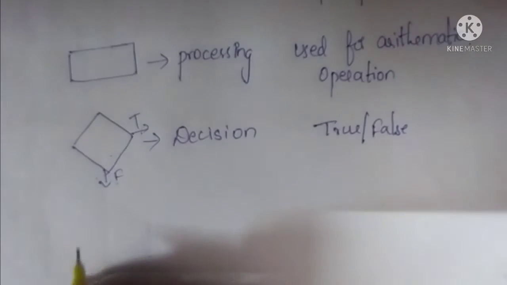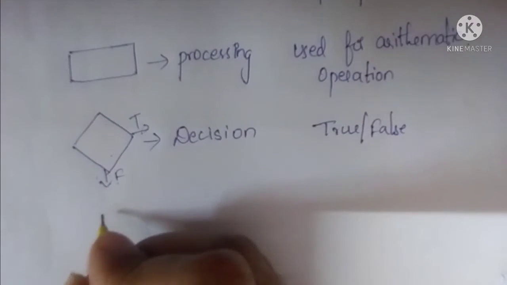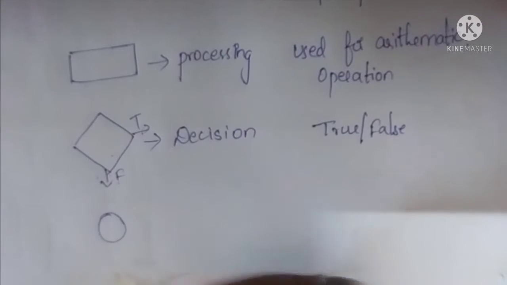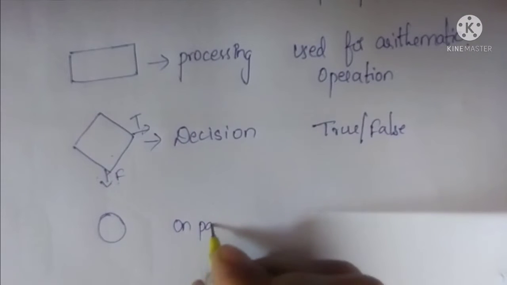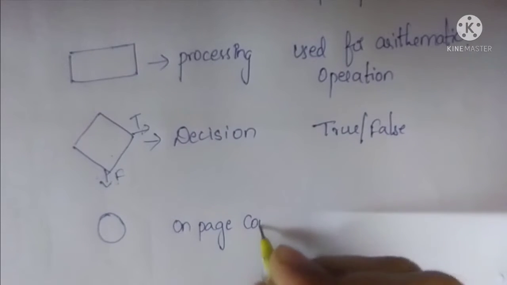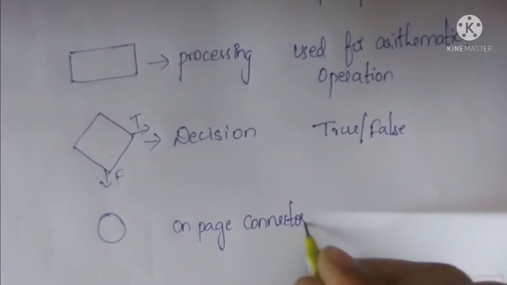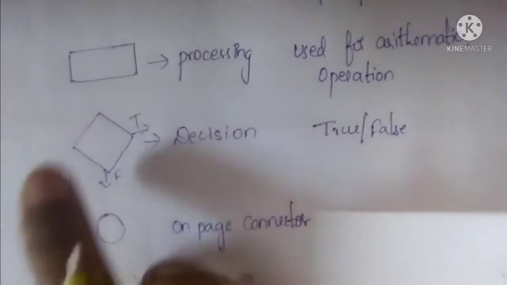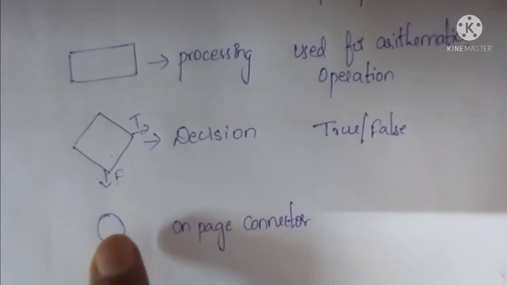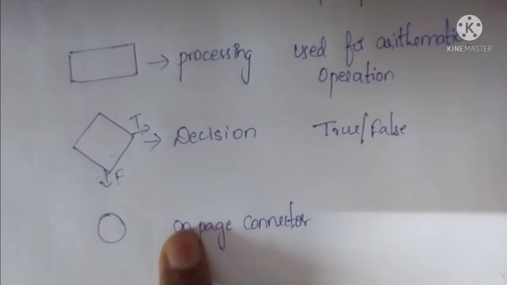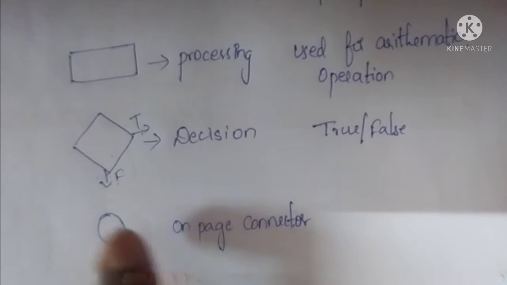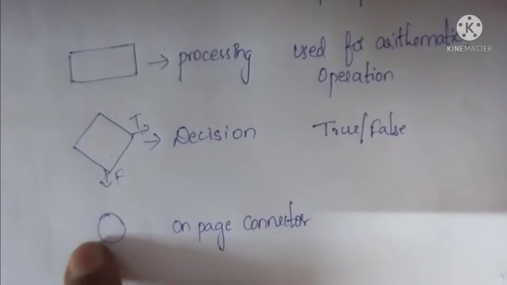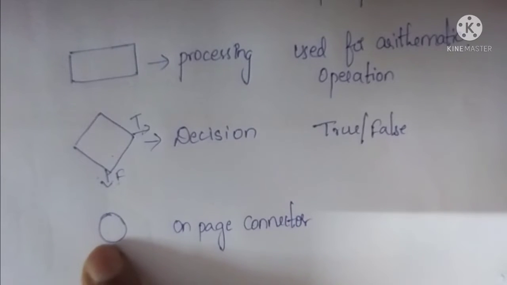After the decision box, we have a circle. Circle is nothing but the on-page connector. After writing the flowchart, if you want to connect one page to another page, we are using this circle symbol. It is used for joining different flow lines.